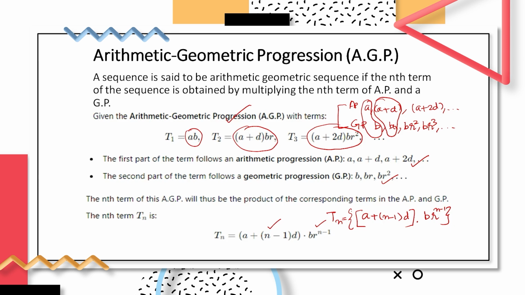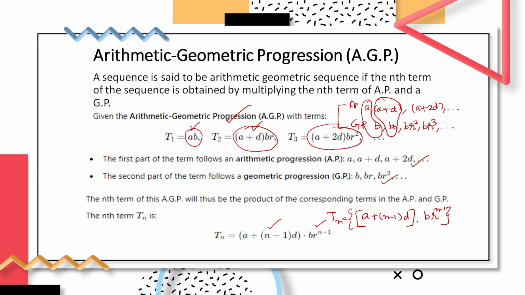Let me repeat. Let there be an arithmetic progression whose terms are A, A plus D, A plus 2D and so on, and a geometric progression whose terms are B, BR, BR square, BR cube and so on. If we multiply term by term the components of the arithmetic progression and the geometric progression, the new progression which we get is the arithmetic geometric progression, whose first term will be AB, the product of the first term of the arithmetic progression and the first term of the geometric progression.